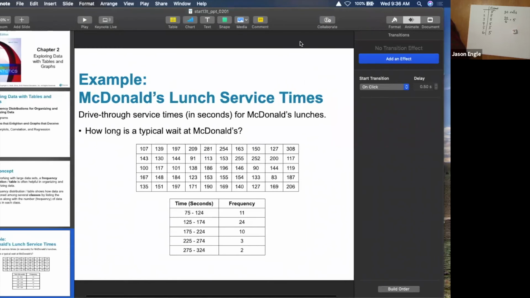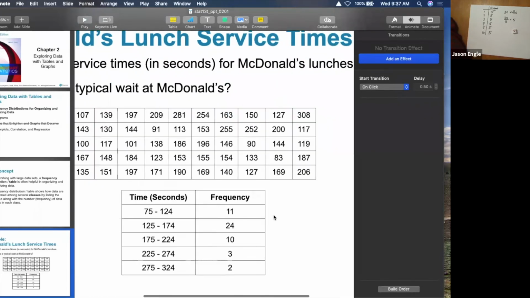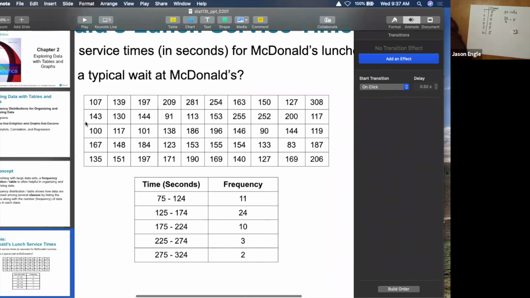So about this time last year, I was having a conversation with my nephew. At the time, he was about 12 years old. And we were looking at not this example, but something kind of like this. And we had an interesting conversation because I asked him, what do you think is better? Is it better to have all the data like this or to have this table summary right here?